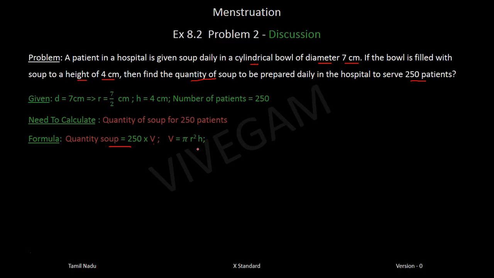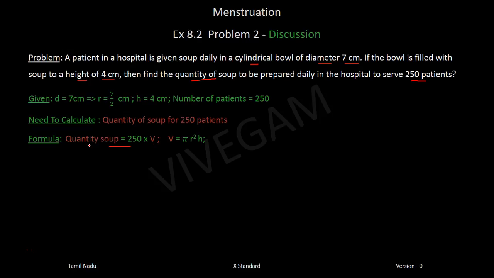So substitute r and h here and calculate V, which is the volume of one cylindrical bowl, or the quantity required for one patient. Then you have 250 patients, so that is multiplied by 250 to get the total quantity of soup required.